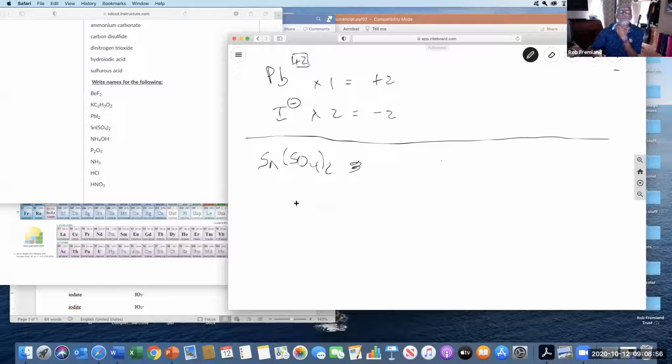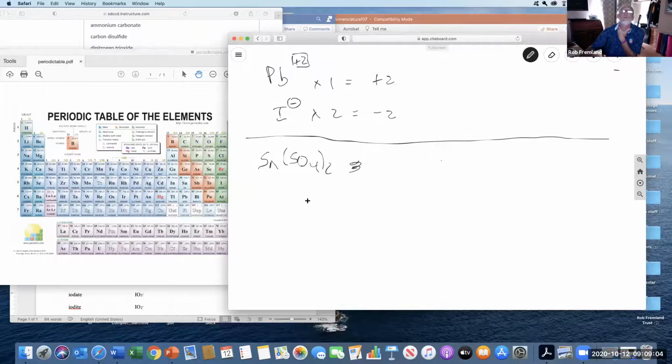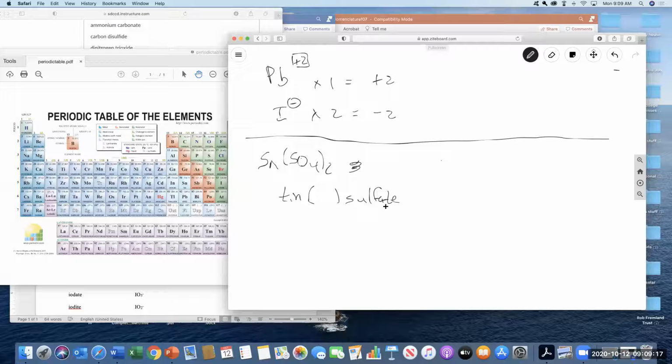All right, so we know, again, tin is right here. We can't just call it tin sulfate because tin forms more than 1 ion. It's not a representative metal. So this is going to be called tin something. SO4 is a polyatomic ion, sulfate. Do you just put 4 because it has the 4 in it?